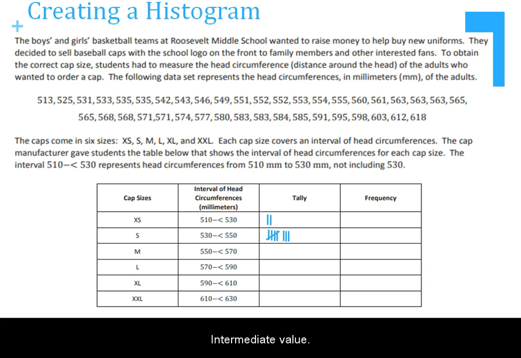In our median values, from 550 to less than 570, we have 1, 2, 3, 4, 5, 6, 7, 8, 9, 10, 11, 12, 13, 14, 15 values.